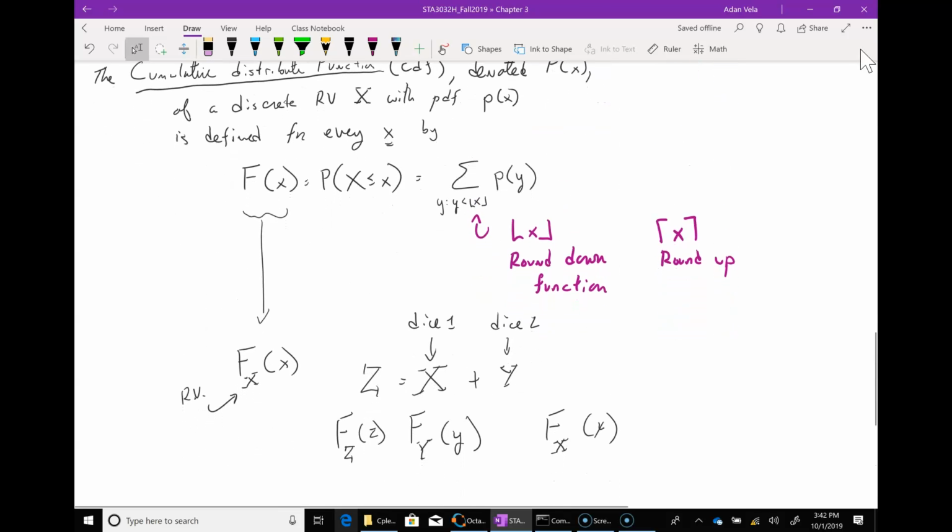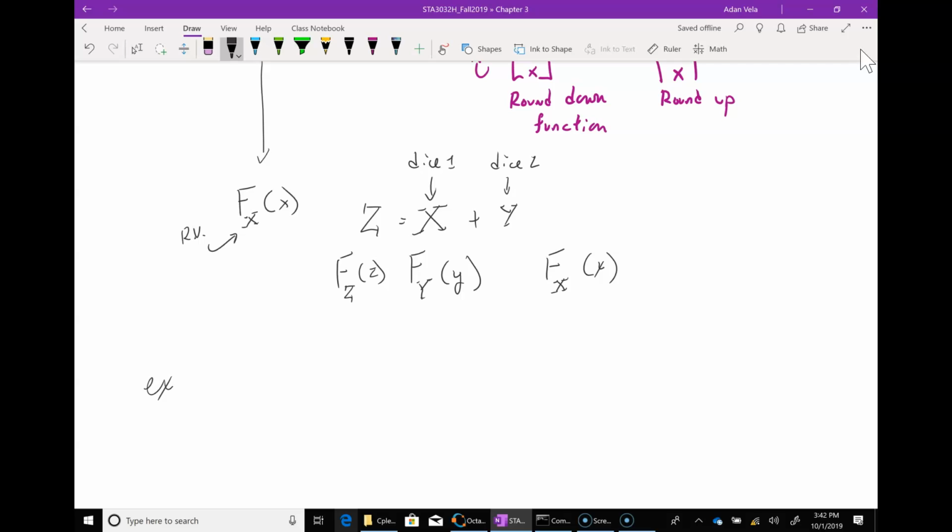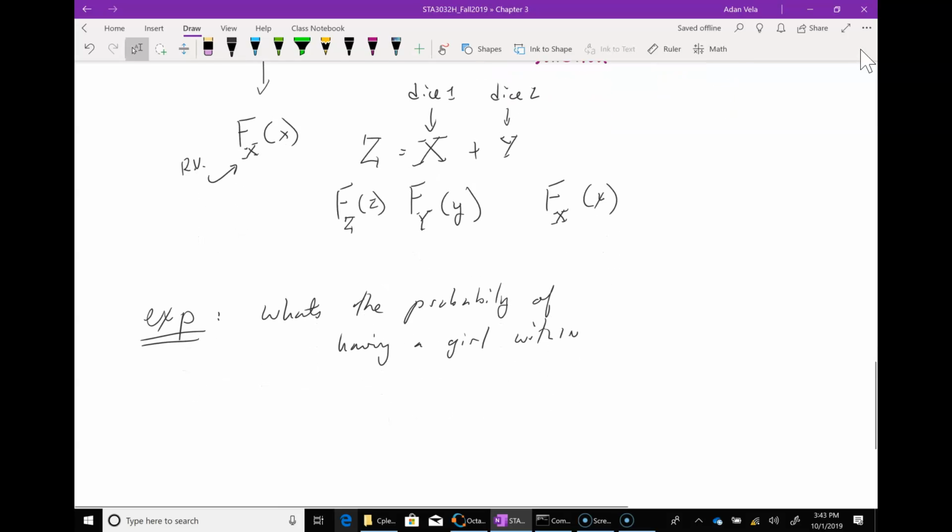Because we can take that probability distribution and we can ask, what's the probability of having a girl within, let's say, 4 children?